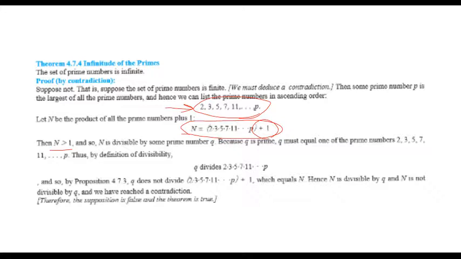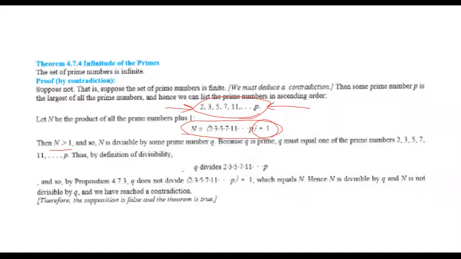Otherwise it becomes prime. So it is divisible by some prime number like q, and since q is prime, q should be one of these prime numbers, because we assumed that prime numbers are finite, so it should be either 2, 3, 5, 7, 11 all the way to p. Should be one of these, right?